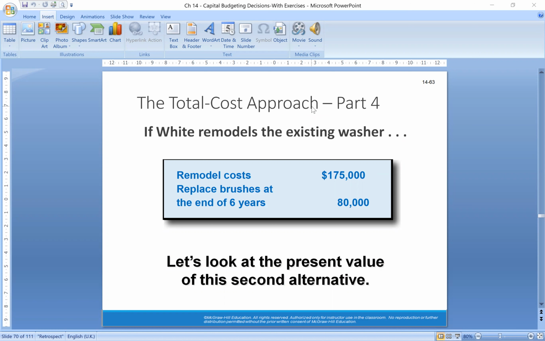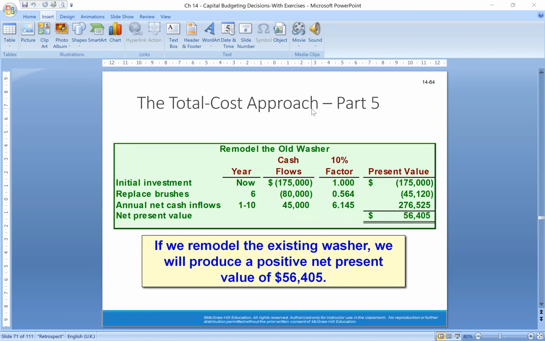If we update, let's say, instead of buying a new machine, we will update the old machine. If we're remodeling the old machine, this will cost 175,000, and we need to replace the brushes at the end of year 6 for 80,000. So the net present value in this case will be 175,000 to be paid now.